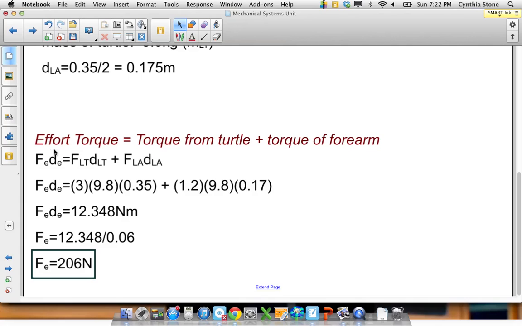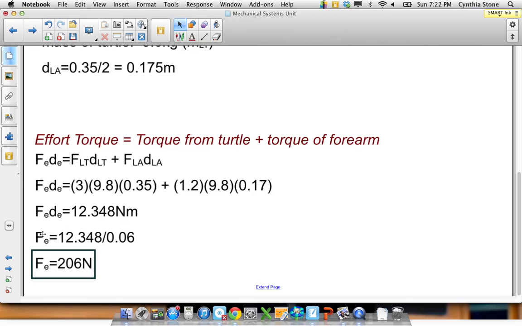So my effort torque is equal to the load of the turtle, the mass times 9.8, times the distance of the turtle to the fulcrum, 0.35, plus the load of the forearm, 1.2 kilograms, times 9.8, times DLA, the distance from the center of mass of your arm to the joint. You multiply these together, add it all together, and you get this big number.